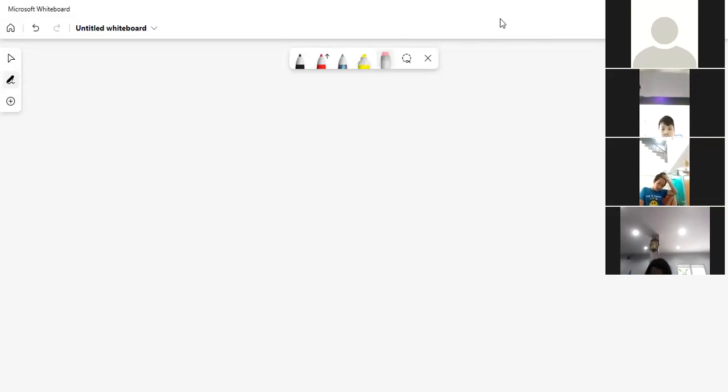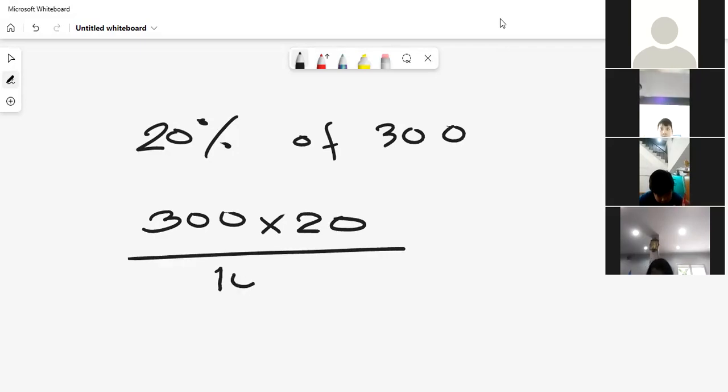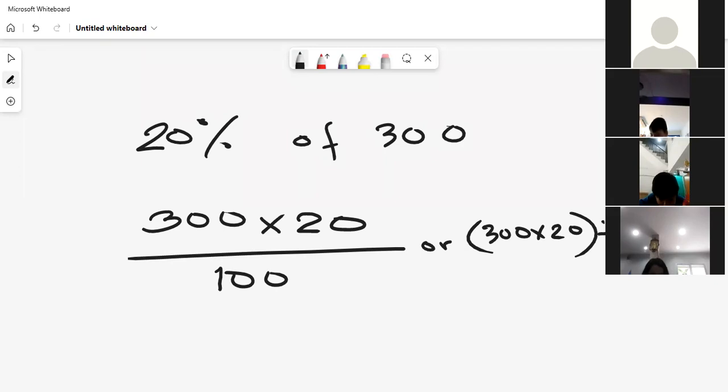Everybody write this one in the notebook. 20% of 300 is 300 times 20 divided by 100. Again, this is percent of a number.